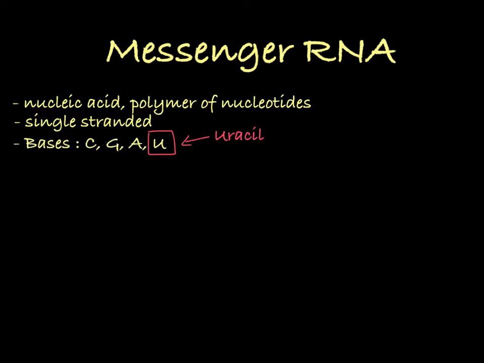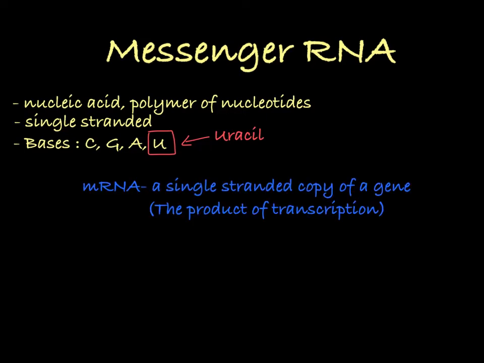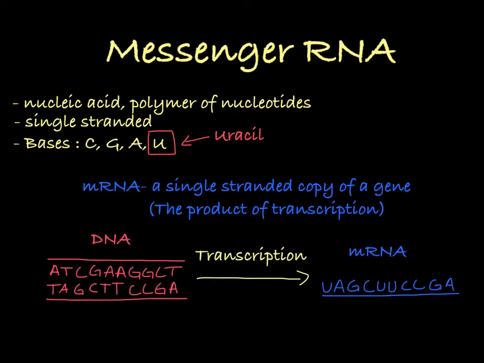There are many types of RNA found in cells. The specific type of RNA that is built in transcription is called messenger RNA, or mRNA, because it's carrying a message from the DNA to the protein-building machinery in the cell.